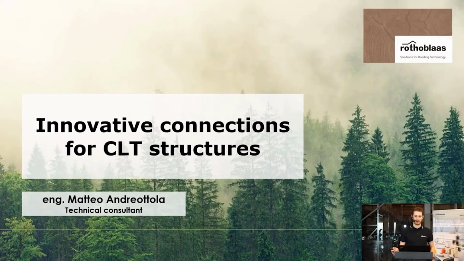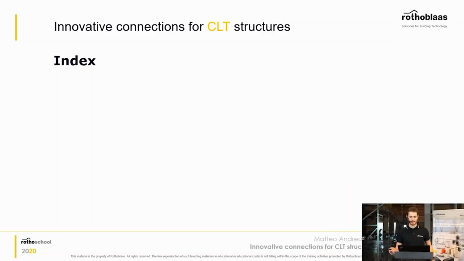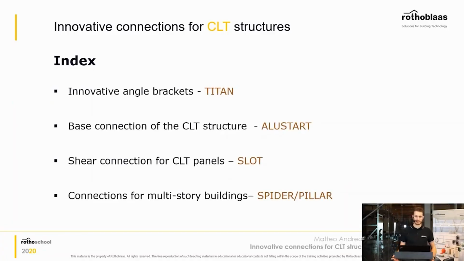Today we're going to talk about innovative connections for CLT structures. Let's have a look at the index so that we have a rough idea of what we're going to see in the lesson of today. We're going to start off with some innovative angle brackets, which are the ones most commonly used right now for CLT structures.